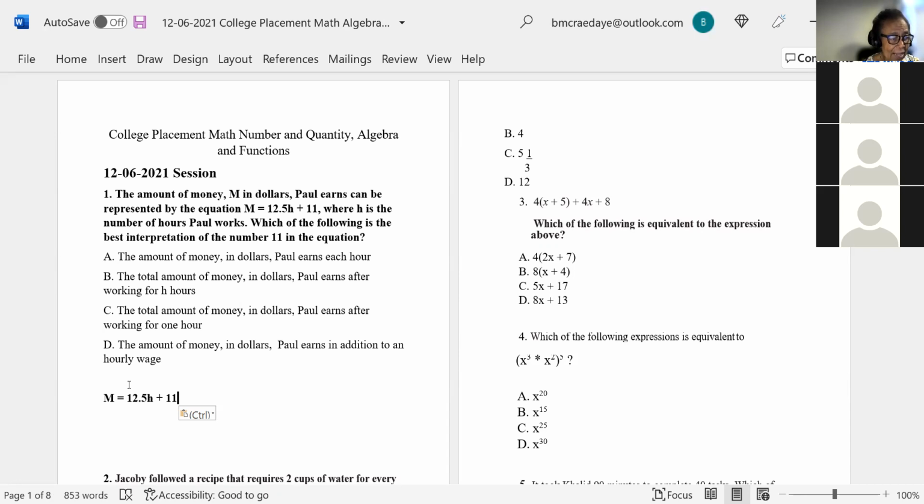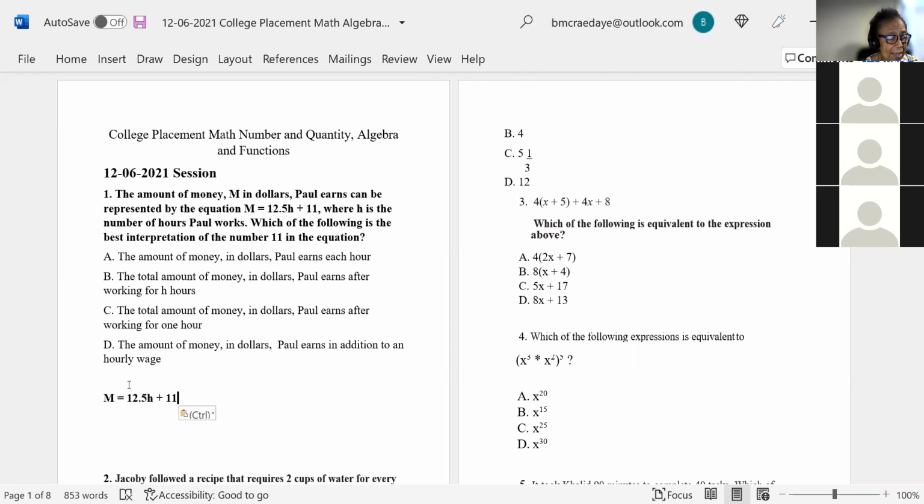B says the total amount of money in dollars Paul earns after working for H hours. Well, that's not true. That's the 12.5H. C, the total amount of money in dollars Paul earns after working for 1 hour. That's not true. That's the 12.5.